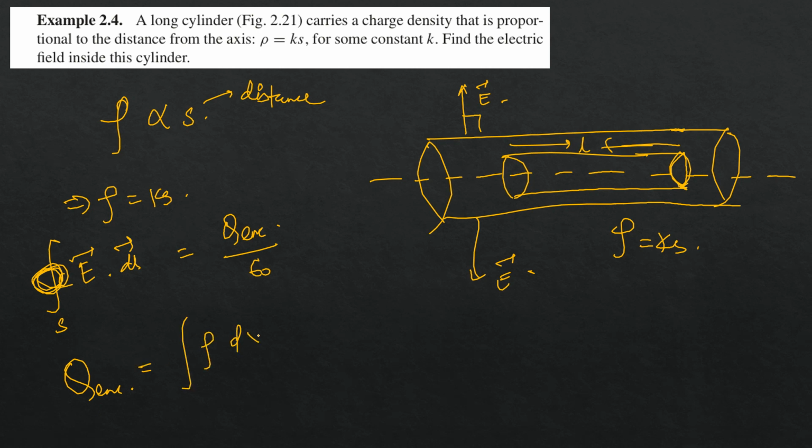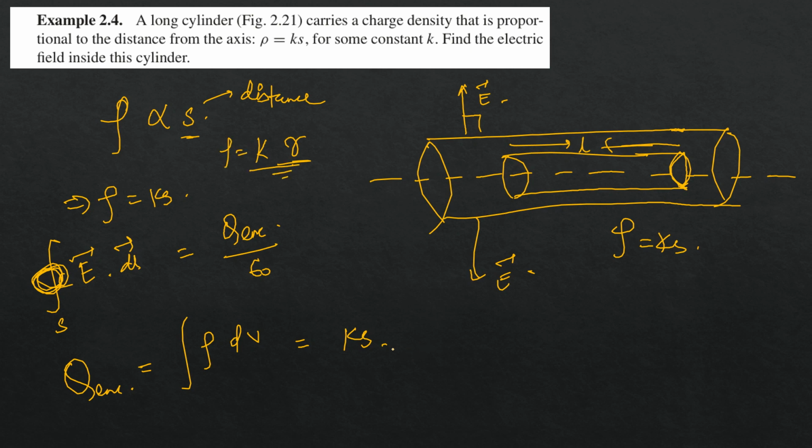We have rho, so rho dV will be ks. Here s is the distance, which we generally take as r. So rho is equal to kr.